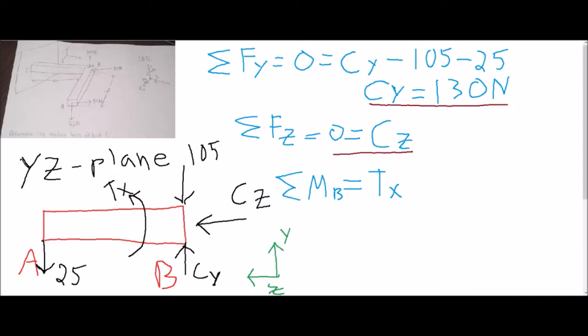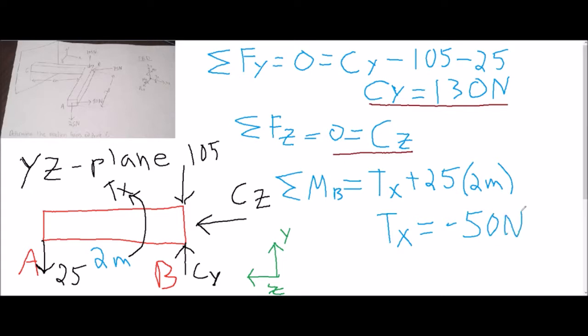So if you just imagine you hold point B still and put a force at that end like 25, it's going to rotate counterclockwise. So you would have plus 25, and once again it's 2 meters length as seen in the problem. So solve for Tx, or the torque along the x direction, and you are going to get negative 50 Newton meters.